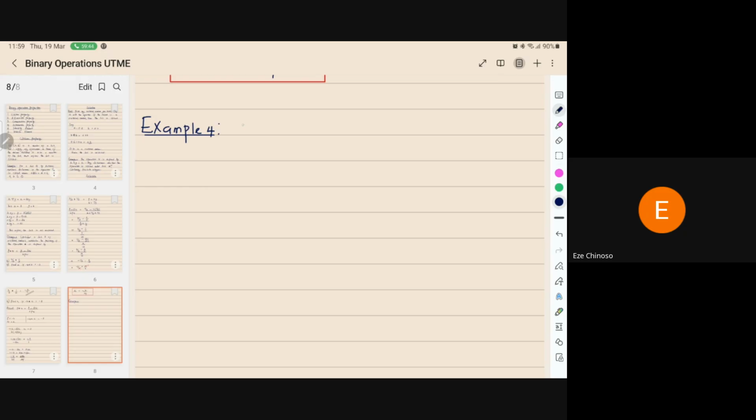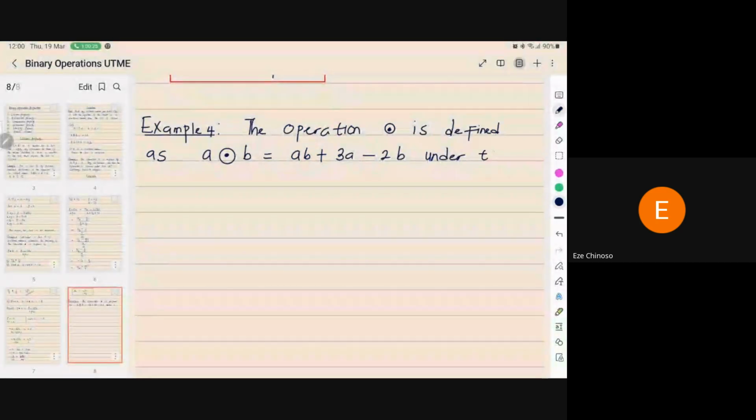So let's say the operation is defined as, we have A, we have that operation in between, we have B, represents AB plus 3A minus 2B, right, under the set R of real numbers.